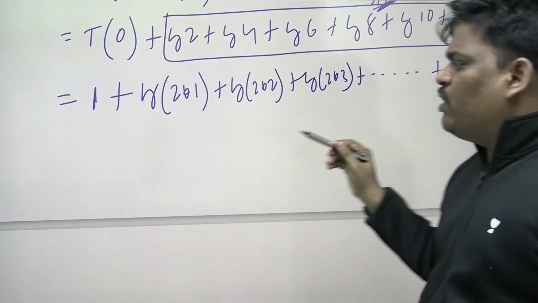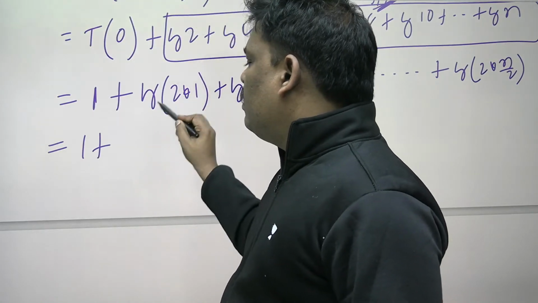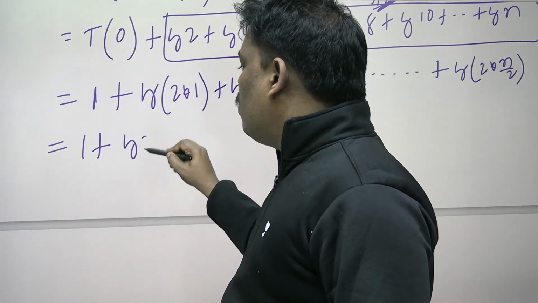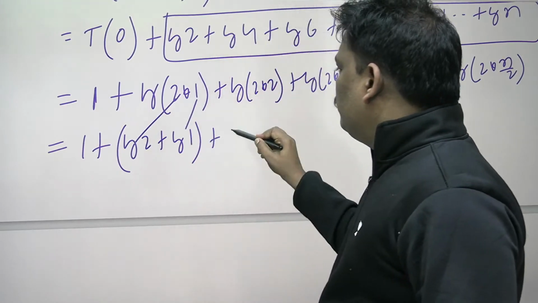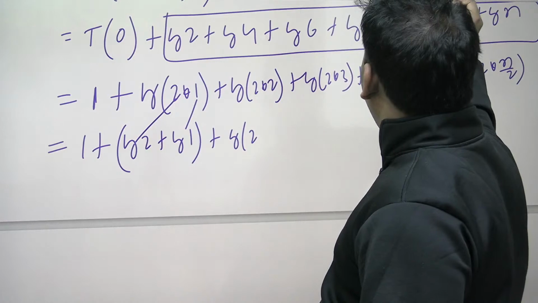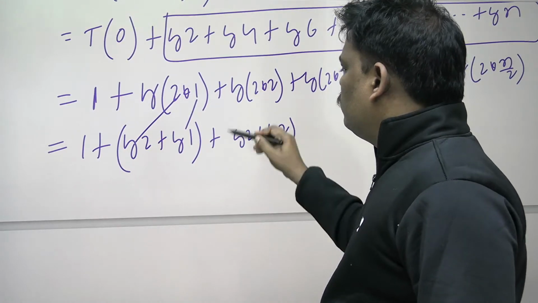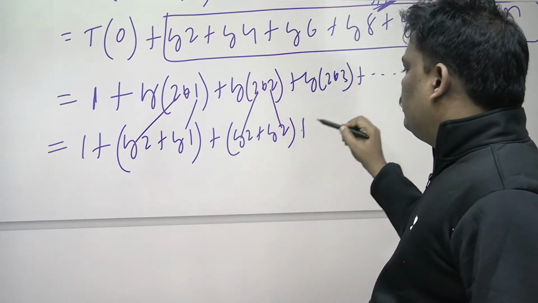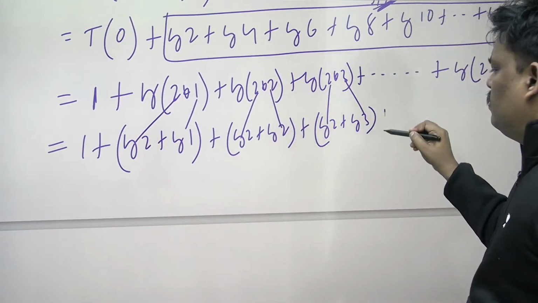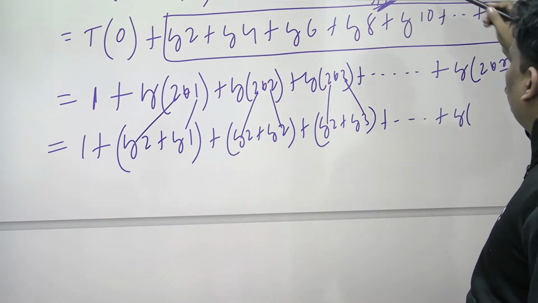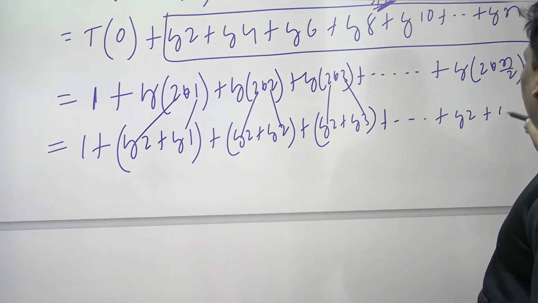So if you observe clearly, this can be written as 1 plus, using the log mn formula, where log mn is nothing but log m plus log n: log 2 plus log 1, similarly log 2 plus log 2, and remember base 2 is already there, next log 2 plus log 3, and so on up to log 2 plus log n by 2.